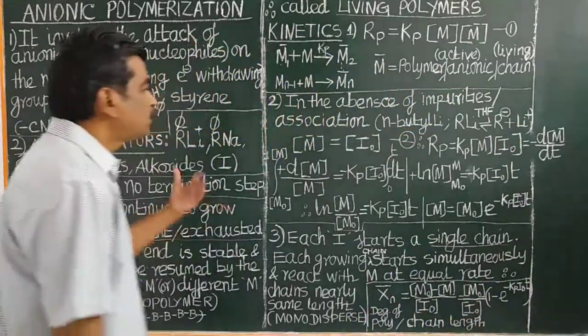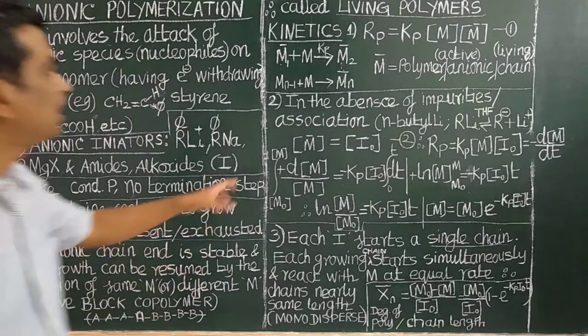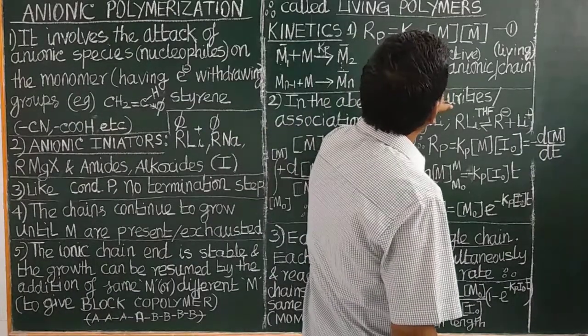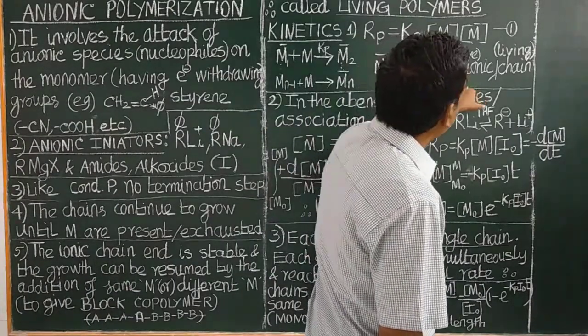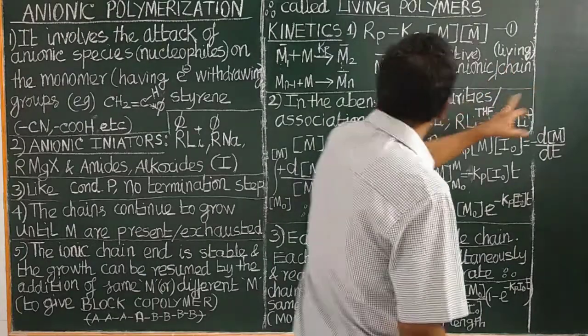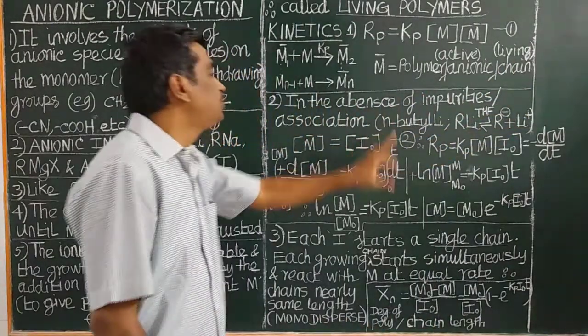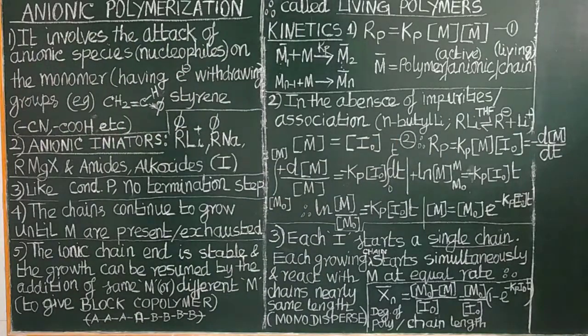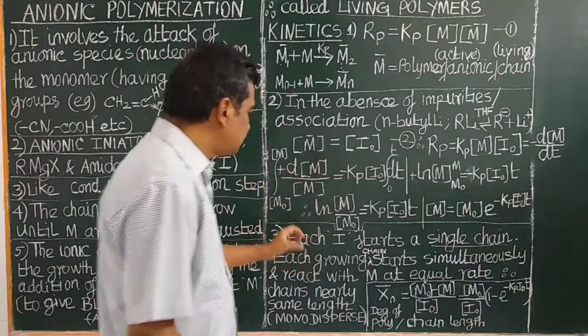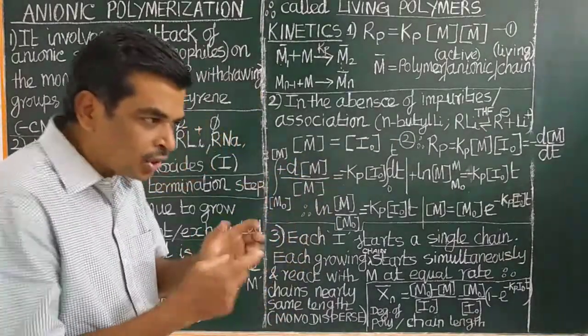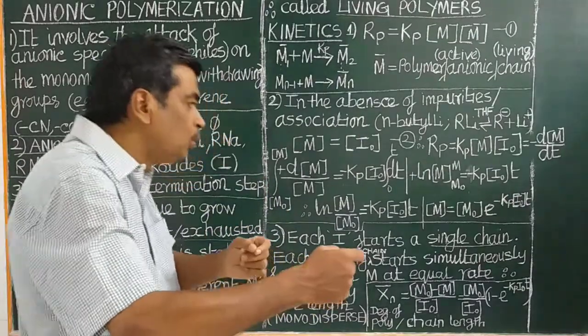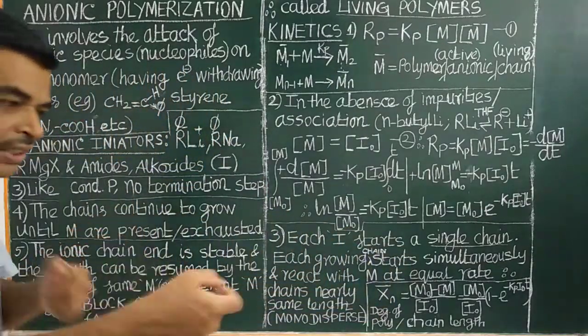In such cases, the concentration of the active anionic living polymeric chain is equal to the initiator concentration, that is, each initiator starts a single chain.